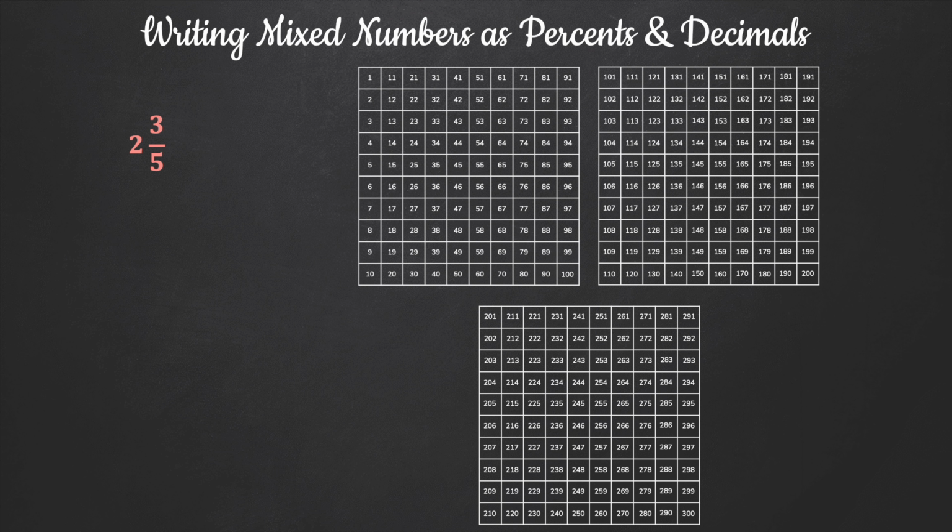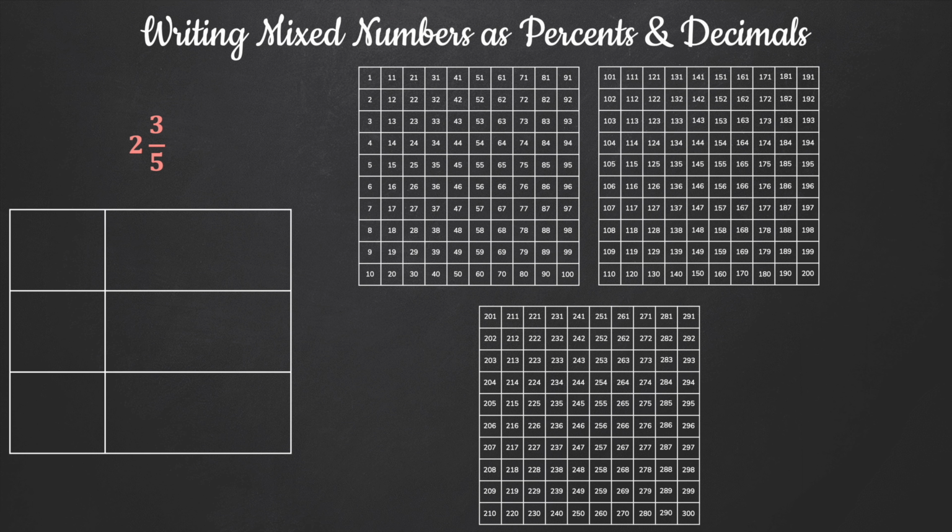For our next example, we have 2 and 3 over 5. This one is a little bit more challenging because percents are out of 100, and here we have 2 and 3/5. So what we're going to do is take our fraction and find an equivalent fraction that is out of 100 to help us. So we ask ourselves, what can we multiply 5 by to get 100?